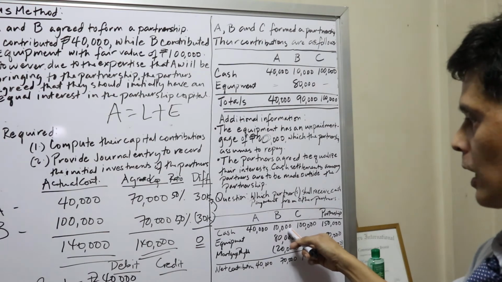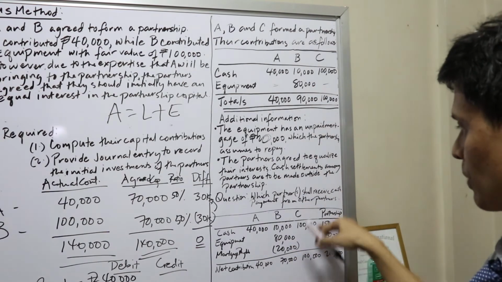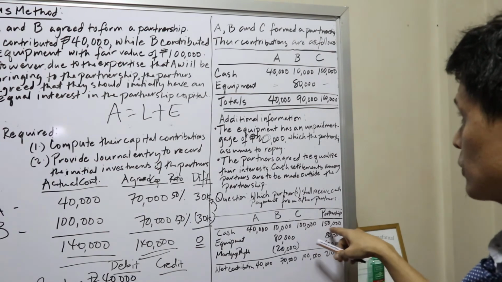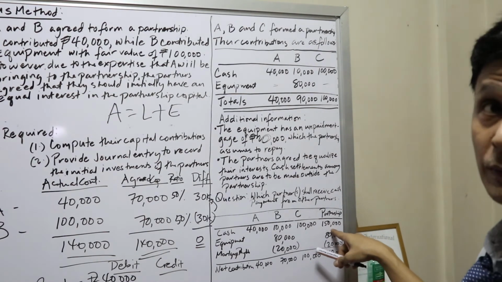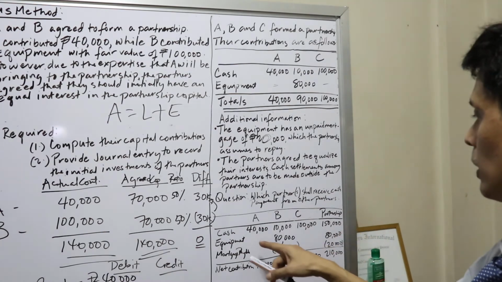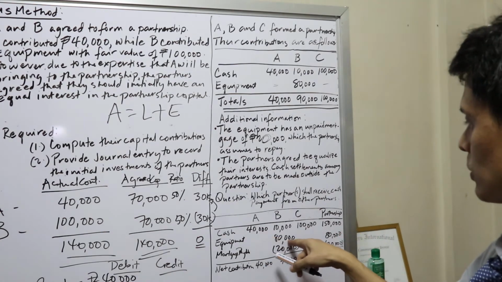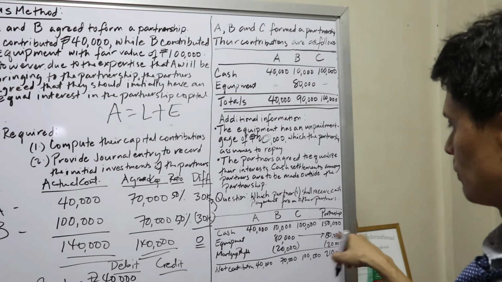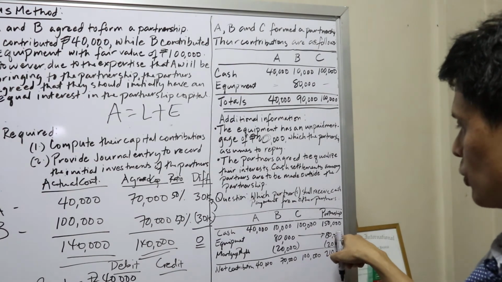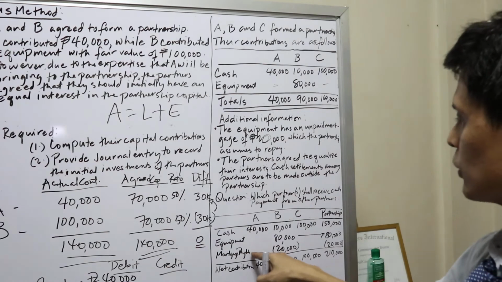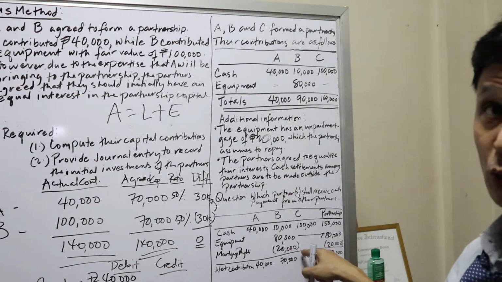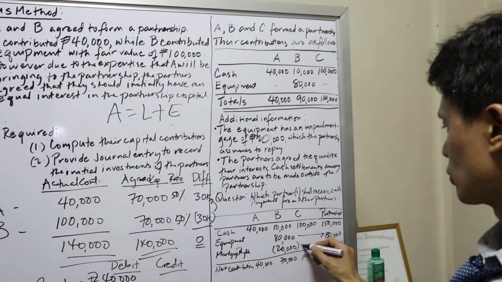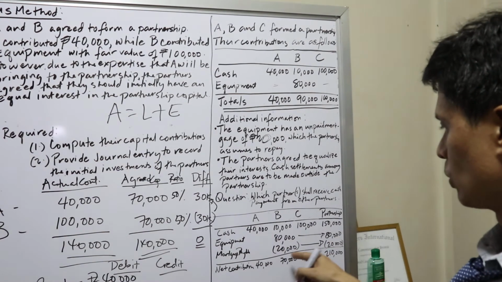C has cash of 10,000, ganun din, kinopya lang natin doon. And C has 100,000 for a total of 150,000 here. And then yung equipment of 80,000, so just extend the amount dun sa right side, yung sa partnership balance is 80,000. And then there's a mortgage payable of 20,000 dun sa part B, dun sa equipment. So extend also the amount there dun sa pinakadulo, so 20,000.